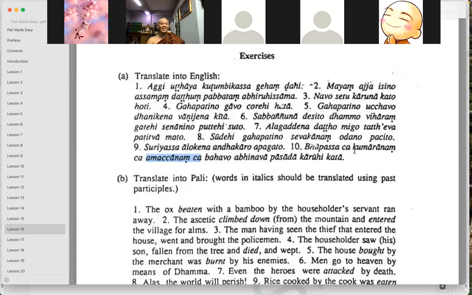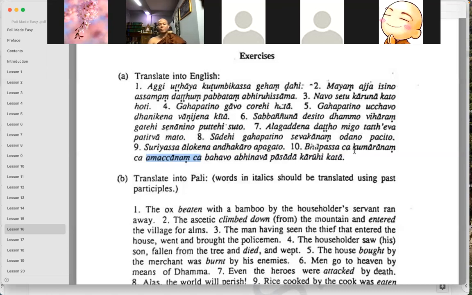And one more point, Bante. Pupasaja means for the king, dative singular. In case ja is omitted, we just have pupasa and kumaranang ja.